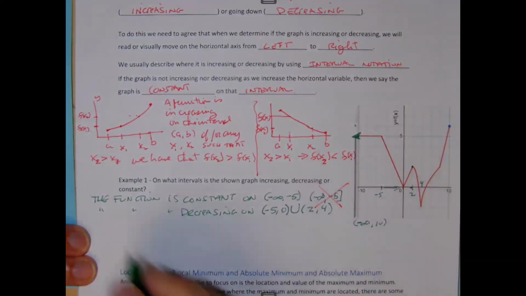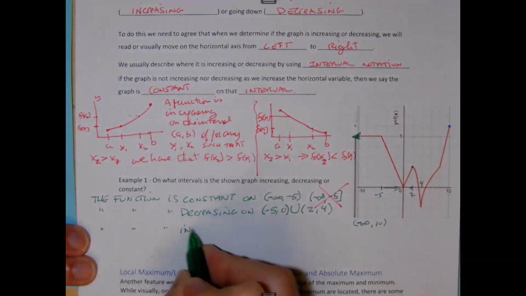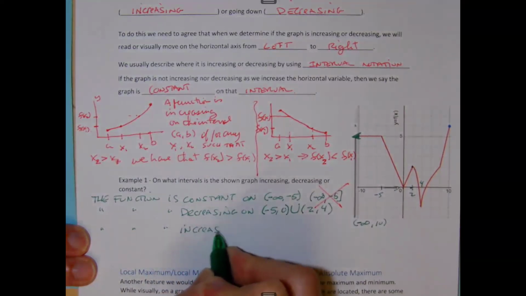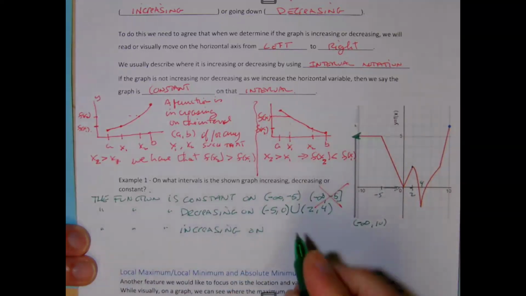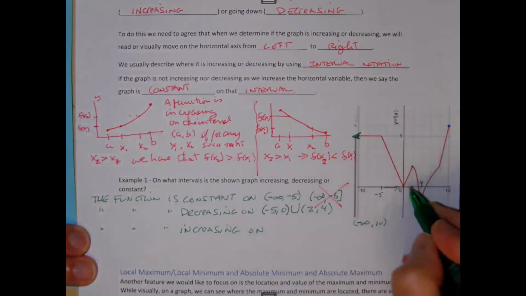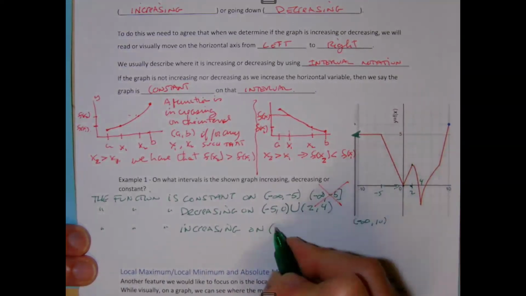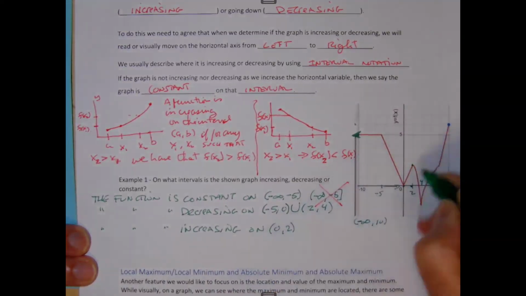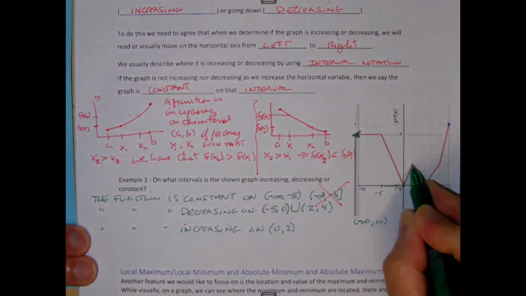Anywhere else? No. And now we have also the function is increasing on what? Well, let's see. It's increasing on, well, look, it's starting at 0 and going all the way to 2. It's starting to go up. So as I'm going from left to right, reading, see the y values going up.